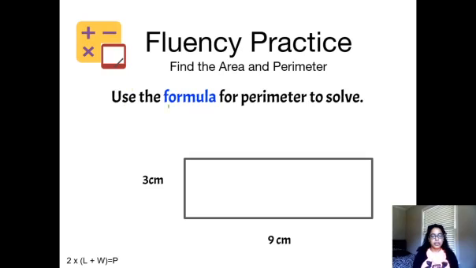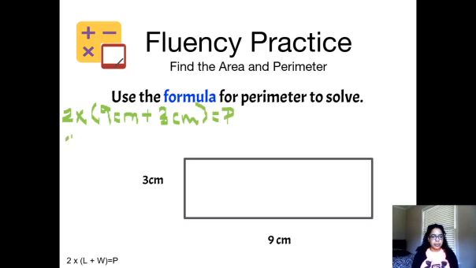Let's move on. Use the formula for perimeter to solve. Same width and length. Now we're going to use our formula, which is 2 times, open parenthesis, length plus width, close parenthesis, equals perimeter. Let's plug it in. 2 times, and our length is 9 centimeters, plus our 2 centimeters, close parenthesis, equals perimeter.